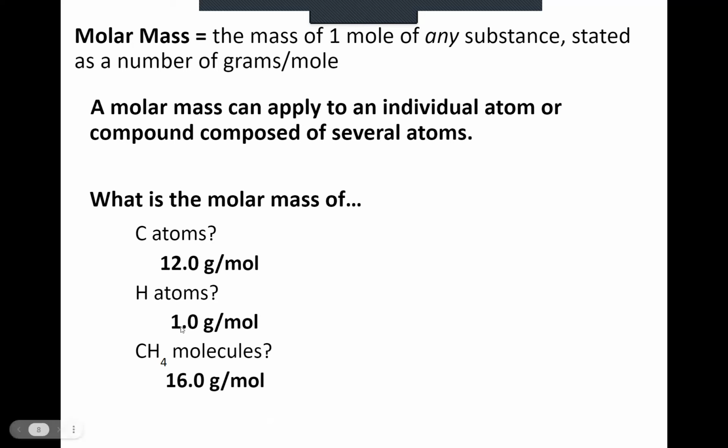And if there's 4 hydrogens, I'd add 4 times 1. That means 4 altogether, which would give me 16 grams per mole for the CH4 compound. Now this gets a little more complicated, right? Because we can get potentially large compounds. Let's do a pretty tough one together.